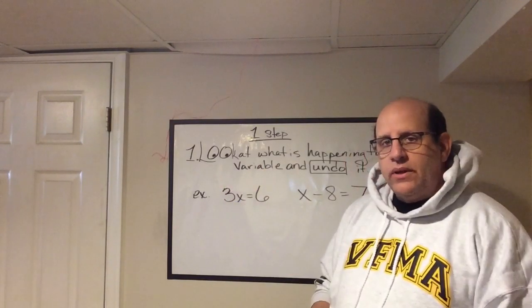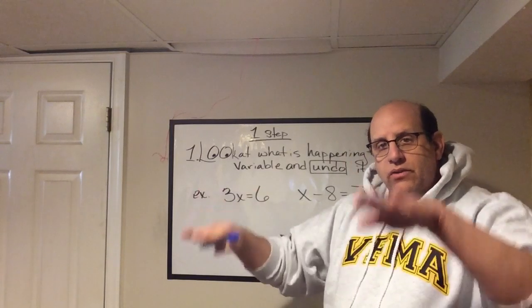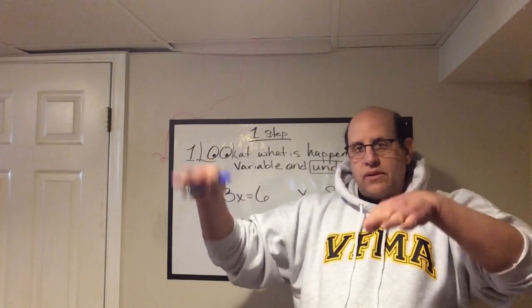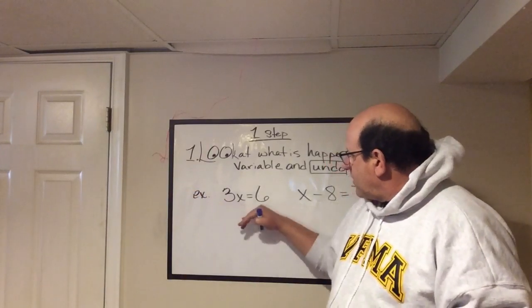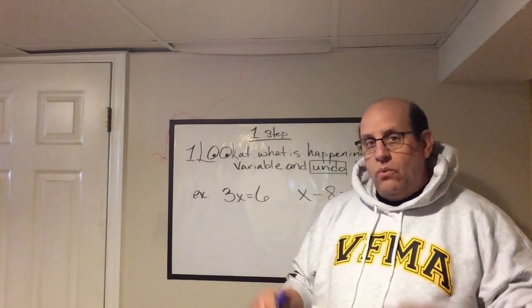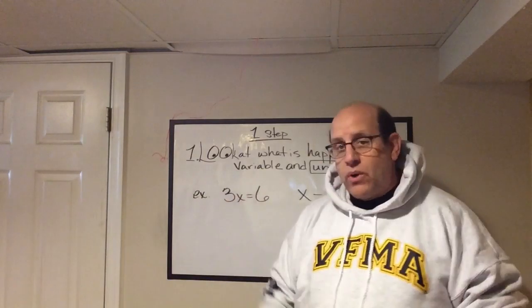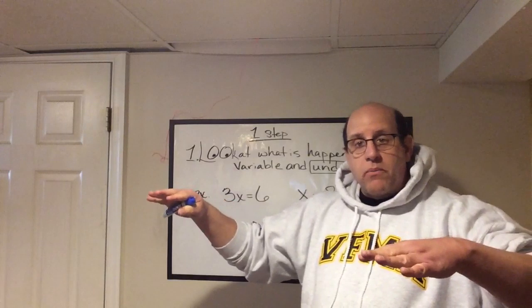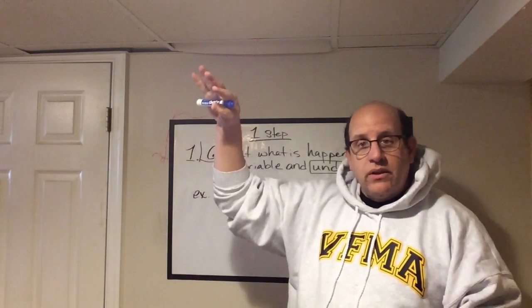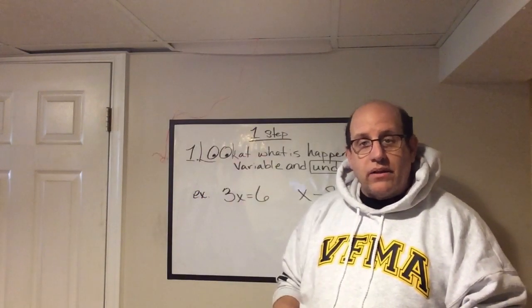And we understand that equations are balanced, right? It means that this side is exactly the same as this side. 3x is exactly the same as 6. Well, if you take off some weight on that side, but you don't take off any weight on that side, our barbell falls over, or our scale loses balance, right?